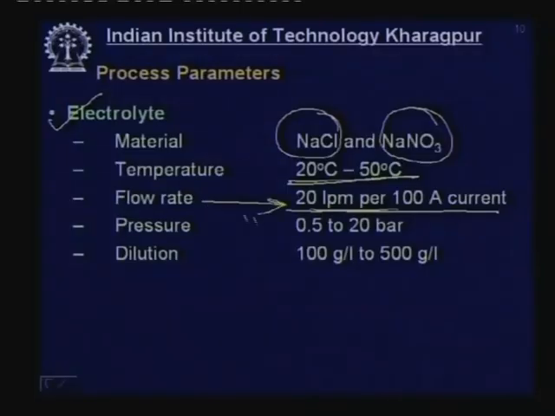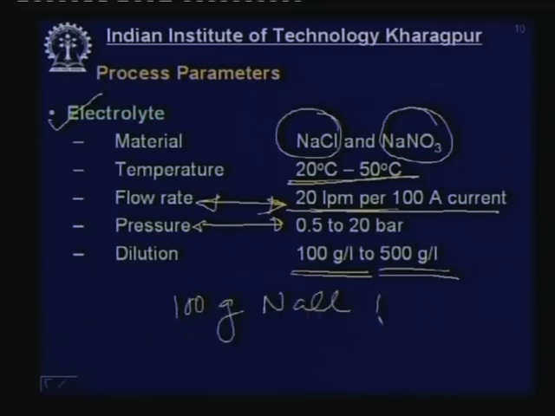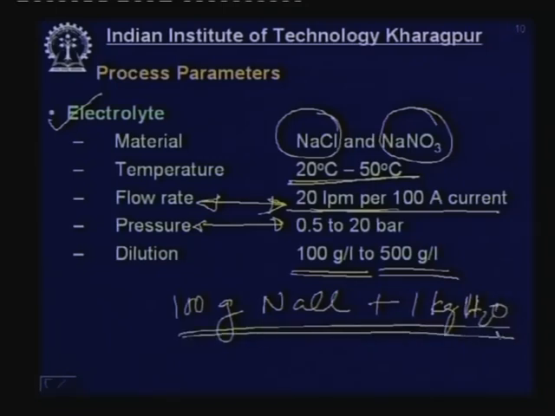If they are not removed continuously, the molar concentration of the electrolyte is going to change. Thus, you need to have a substantial flow rate so that those sludges can be removed continuously, and for that you also require a pressure. Typically, the dilution is around 100 grams to 500 grams per liter of water. So, 100 grams of sodium chloride is mixed with 1 kg of water or 1 liter of water to get a particular electrolyte for electrochemical machining.